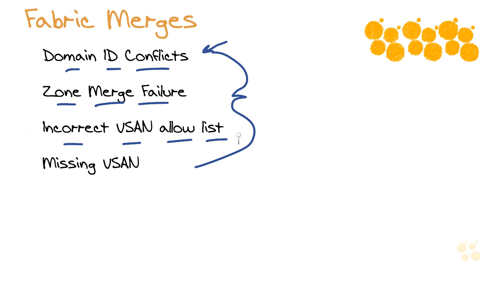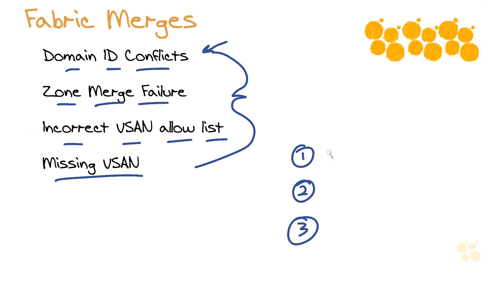Finally, if the VSAN is missing from one of the switches, a fabric merge does not occur because only VSANs with identical IDs can merge. So a simple example is our VSAN 117. It can merge with another VSAN 117, but not with a VSAN 120. And remember, if your zone merge does fail, you have three main options for recovery I need you to keep in mind.